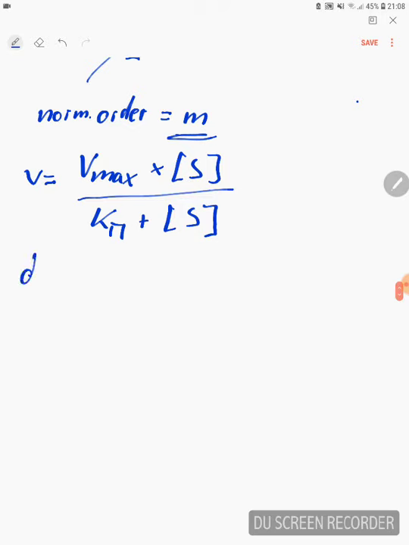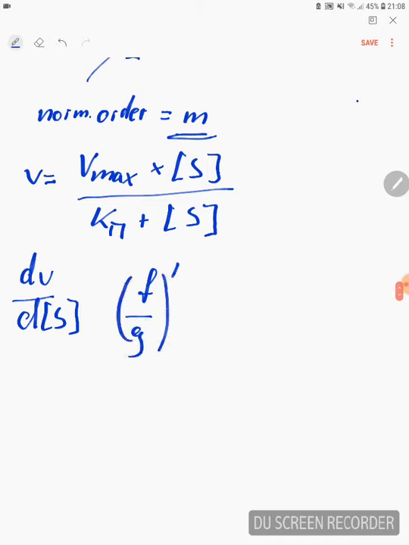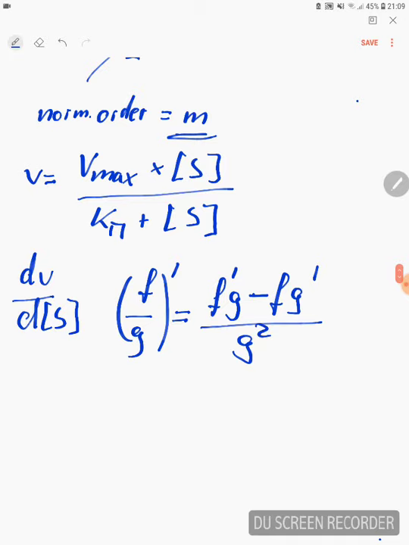So if we want to do dV over dS, we need to apply the quotient rule. And remember, if we've got something like f over g and we want to get the derivative, which I indicate with this prime here, the quotient rule says: equals f derivative times g minus f times g derivative, divided by g squared. So let's do that.